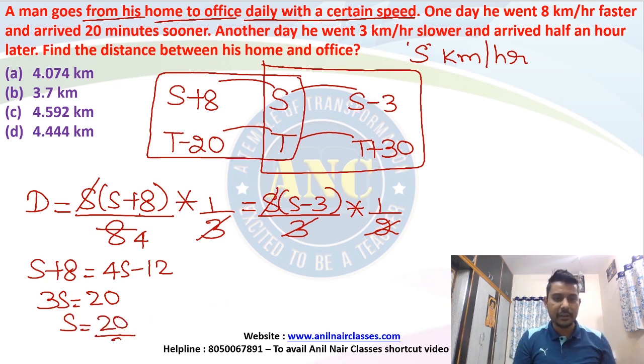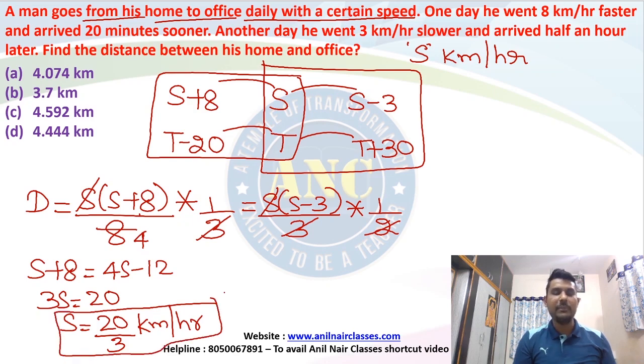So we know the speed, but we are not interested in stopping at the speed, because the question is asking for the distance. Substitute in any one of the equations. Distance is equal to S, which is nothing but 20 divided by 3, into S plus 8, 20 divided by 3 plus 8. Or you can also calculate from the second one if you really want to.